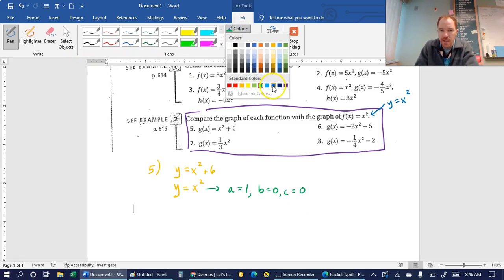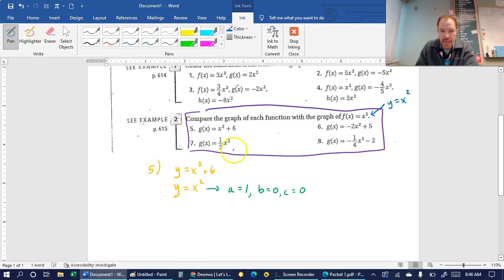For our given function, x squared plus 6, we also have 1x squared, so a is also 1. We don't have any x's, so b is 0. And c is the constant term, the number without a variable, so that is 6 here.